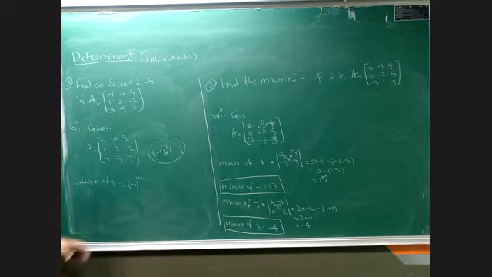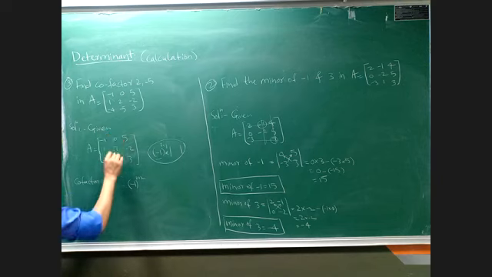Now we need the minor of 2. For finding the minor of 2, we need to delete this column and this row.